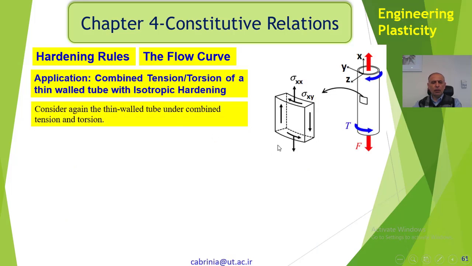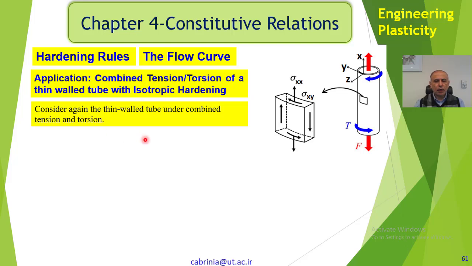Now let's do an example. Here is an application: combined tension-torsion of a thin-wall tube with isotropic hardening. Of course, we considered this problem of combined tension-torsion of a thin-wall tube for the yield criteria, but here we are going to take this a step further with isotropic hardening.